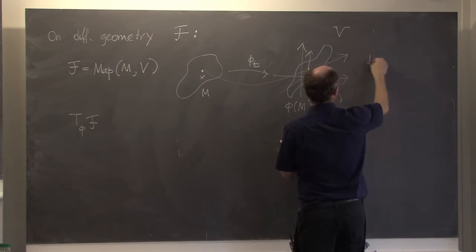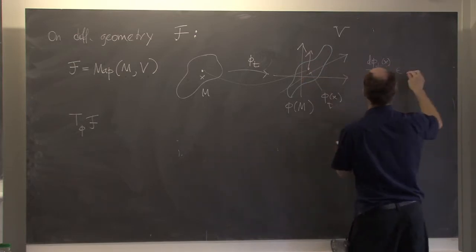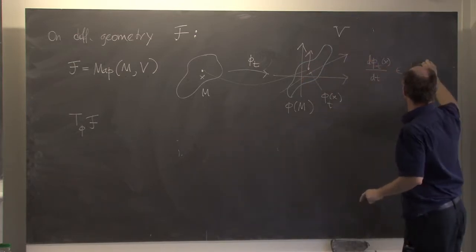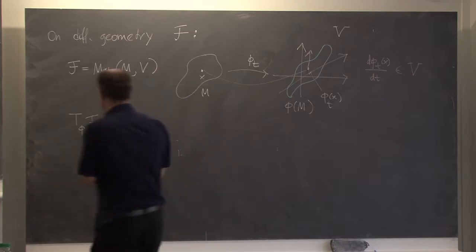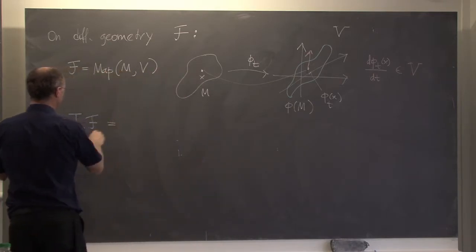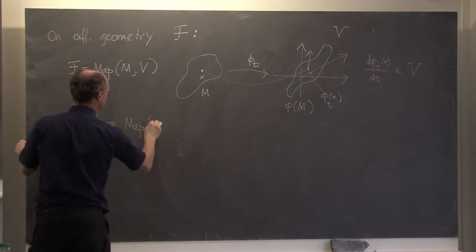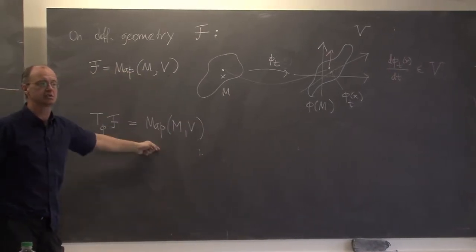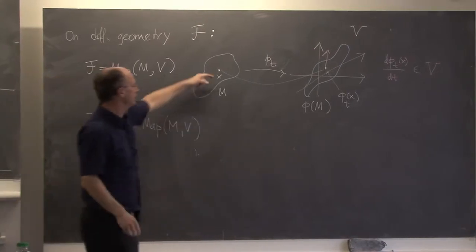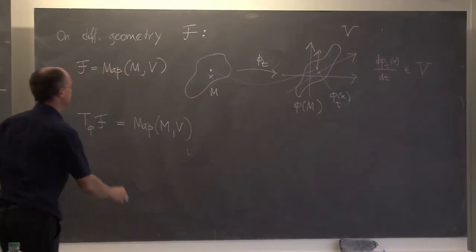So d phi_t of x over dt lives in a tangent space here, but if V is a vector space, it is simply an element of V, right? So the tangent space is a vector space, and you give this velocity vector at every point.